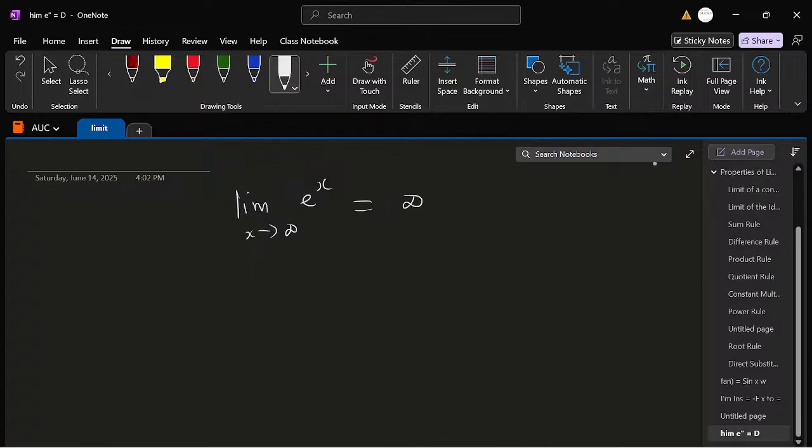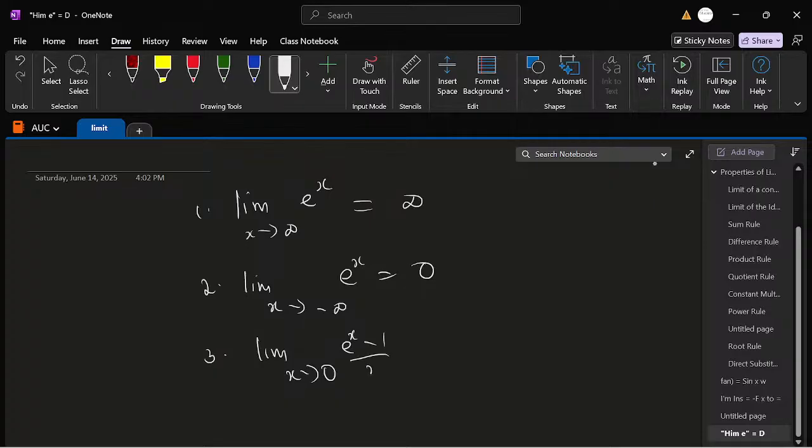So we can also have another one, the limit as x approaches negative infinity, for instance, of exponential x, which is equal to 0. So that's the first one, the second one, then the third one will be the limit as x approaches 0 of exponential x minus 1 over x. So this will be equal to 1.